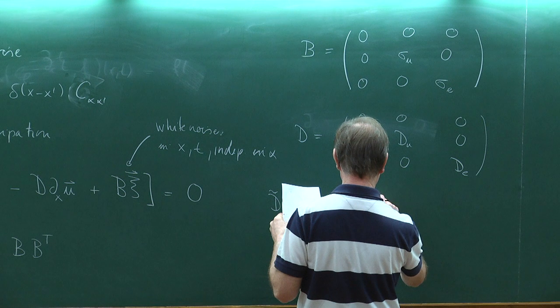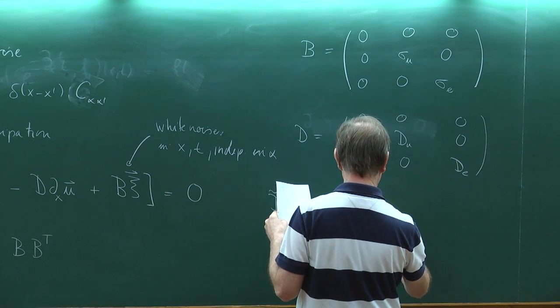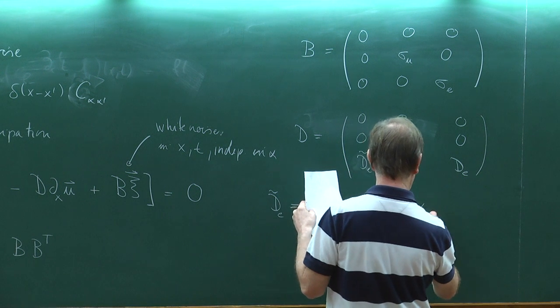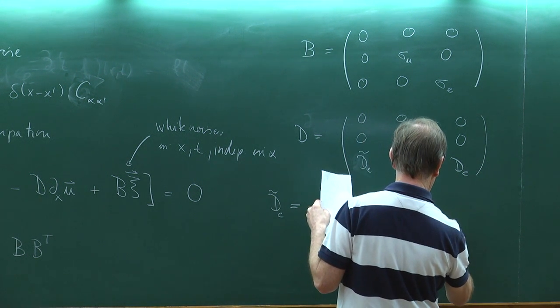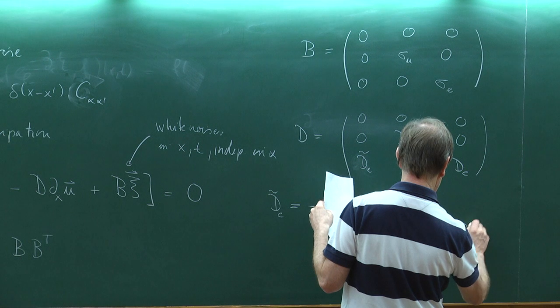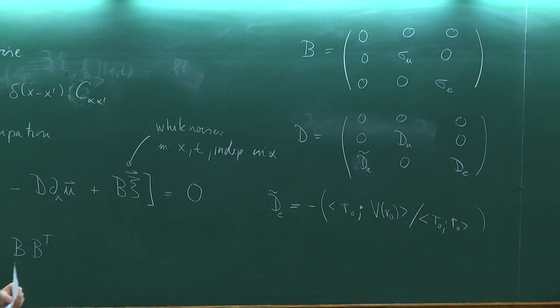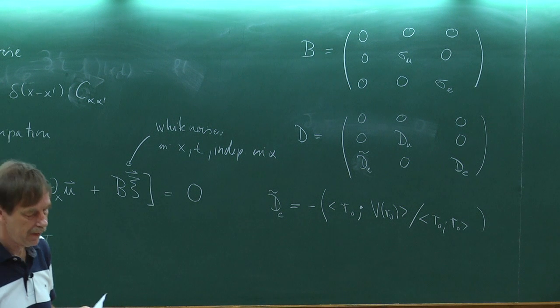So it's V of R naught, and I have to divide by the cumulant of R naught divided by R naught. So that's stored in the gradient expansion of your microscopic model.